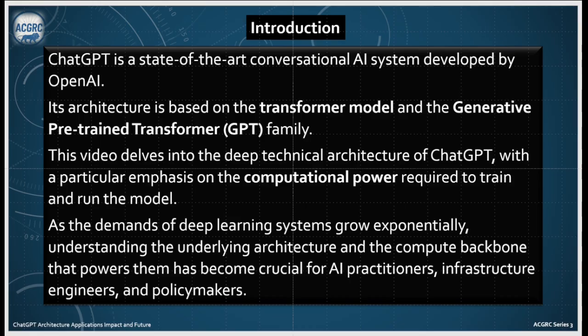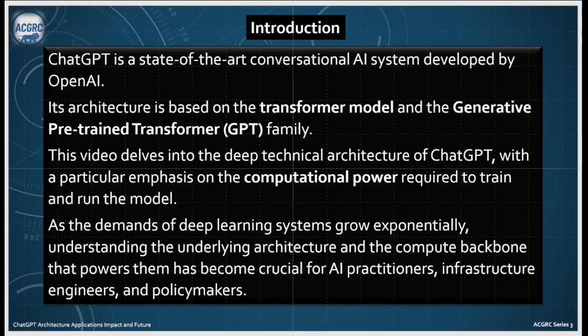ChatGPT is a state-of-the-art conversational AI system developed by OpenAI. Its architecture is based on the transformer model and the generative pre-trained transformer family. This video delves into the deep technical architecture of ChatGPT, with a particular emphasis on the computational power required to train and run the model.